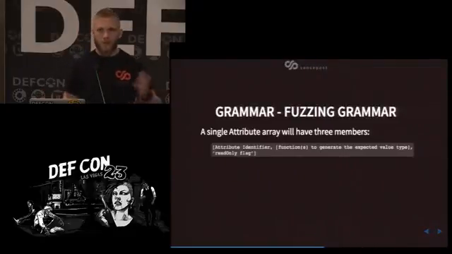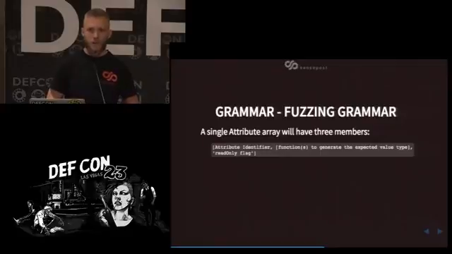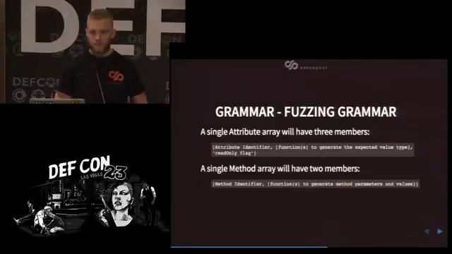When mapping our IDL into our fuzzing grammar to create our test cases, we map these to JavaScript objects. What we've done is we've created an object for the attributes, and the attribute can have 3 members: the attribute identifier, the functions that allow us to generate data for that attribute type, and whether the read-only flag is set.